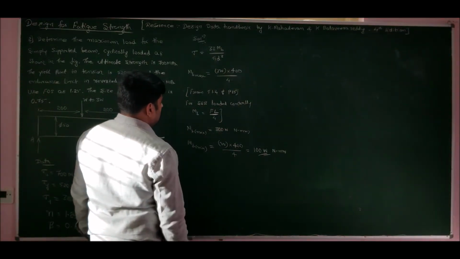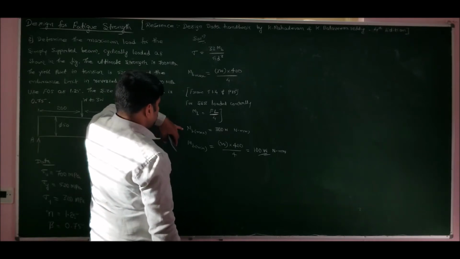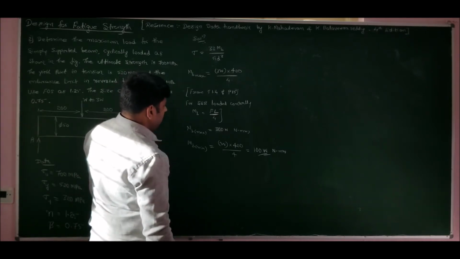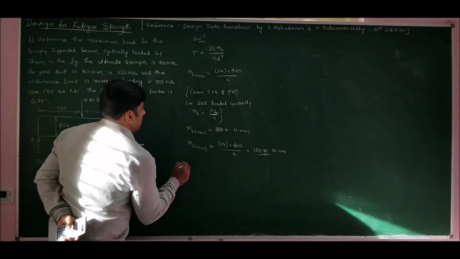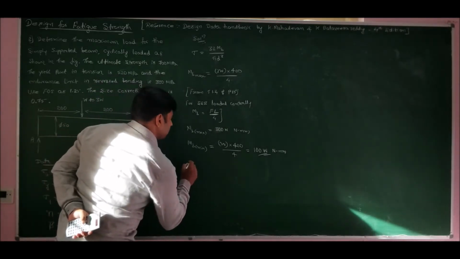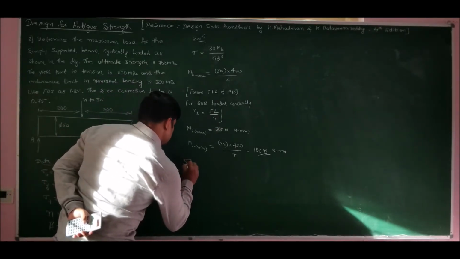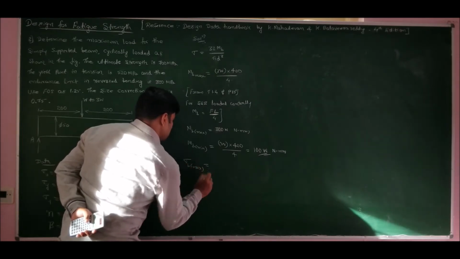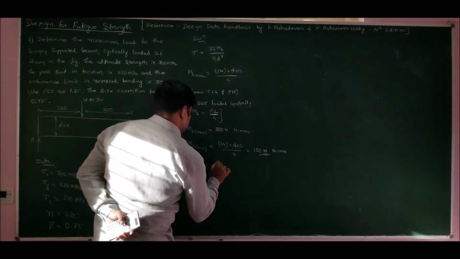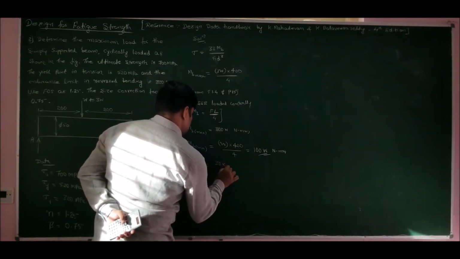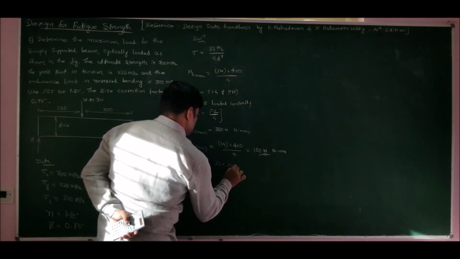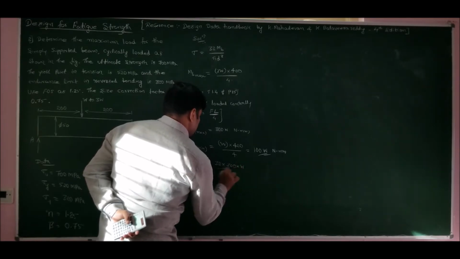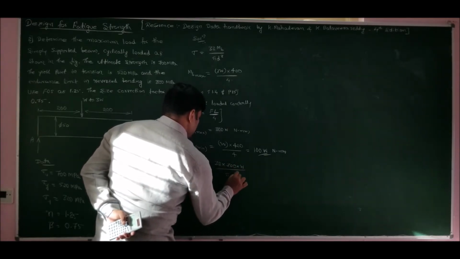W, 300 W. So now I know maximum bending moment and minimum bending moment. Now I can find the maximum and minimum bending stresses. Maximum bending stress, that is sigma B max, will be equal to 32 into MB max. MB max is 300 W by pi d cube.